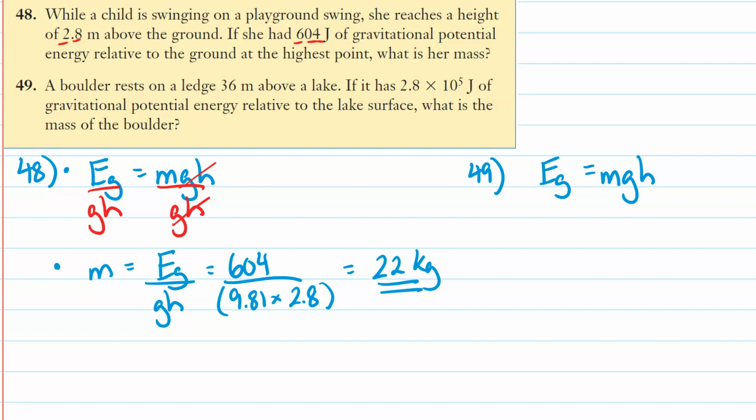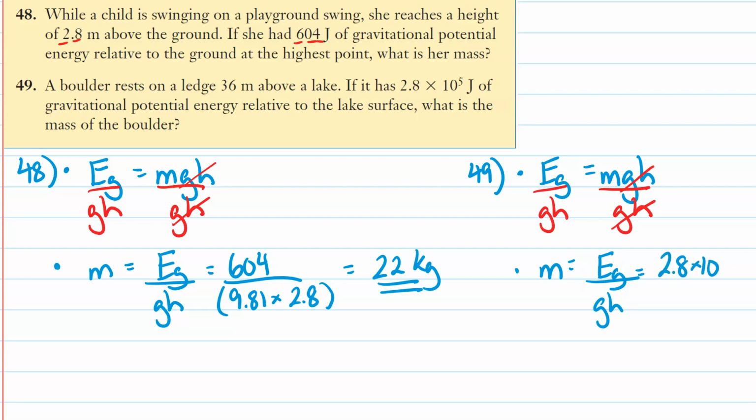You want to figure out what the mass is, so divide both sides by gh, and that gives you a formula for mass. Eg divided by gh. Plugging in values, we were given 2.8 times 10 to the 5 joules. On the bottom, 9.81 times 36.